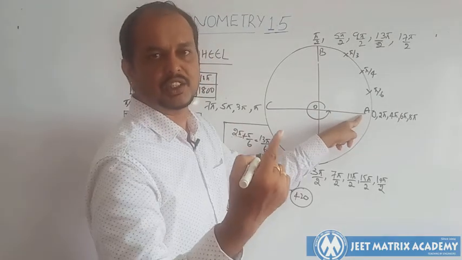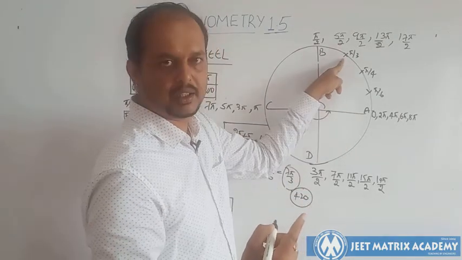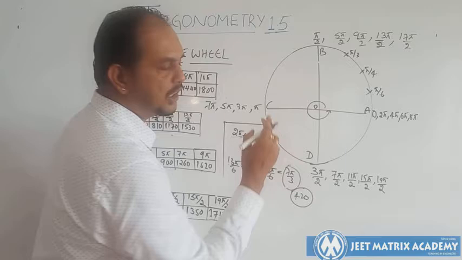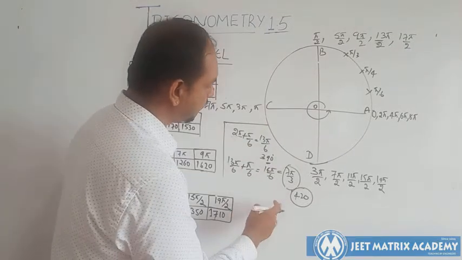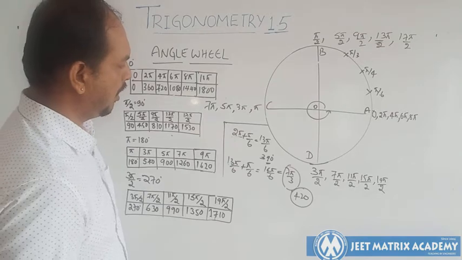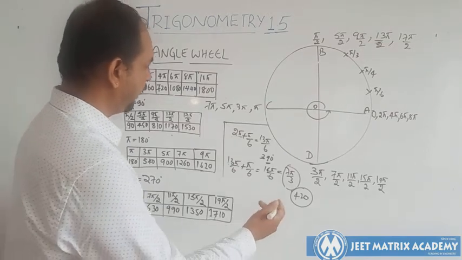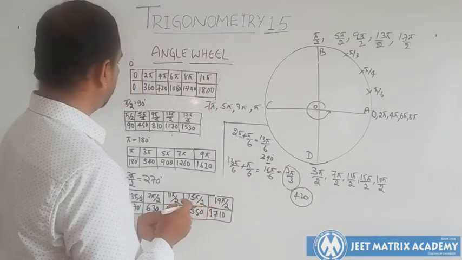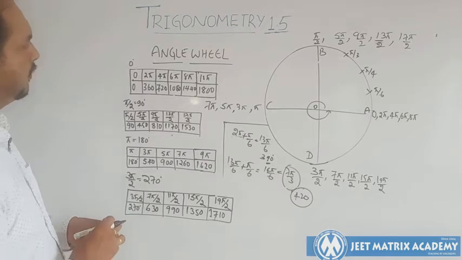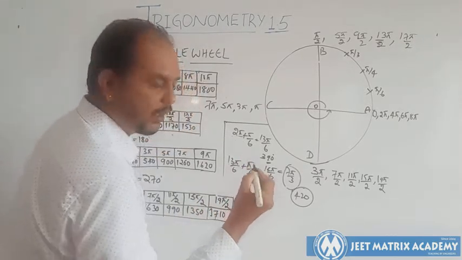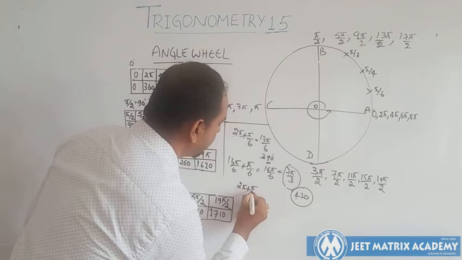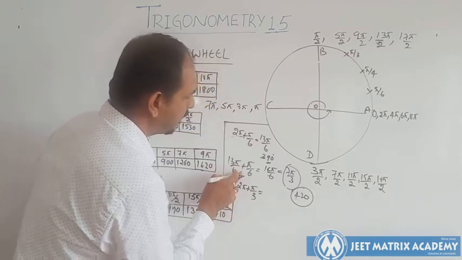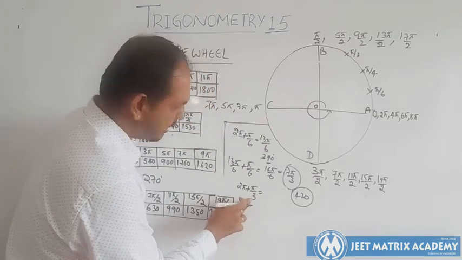360 plus 60, that means this will come here, okay? So 360 plus 60 will give 420. Or the other way you can calculate: 2 pi plus pi by 3.